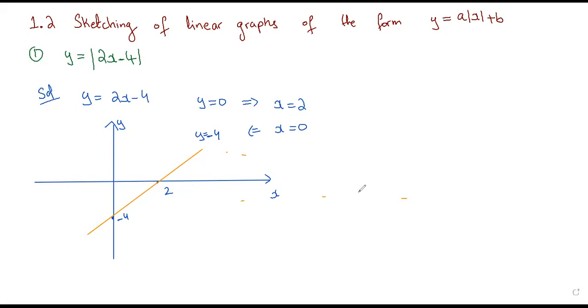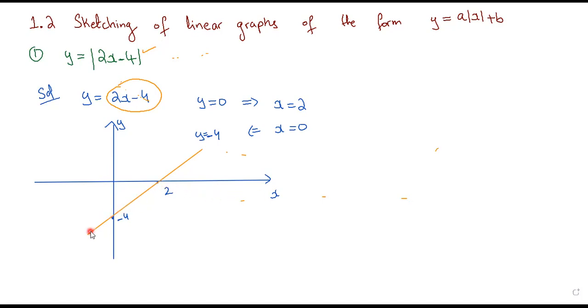Now we know that for now we were just talking about 2x minus 4. Okay, 2x minus 4 is a separate thing, and |2x minus 4| is obviously a separate thing. When we write down mod, we know that we do not have any negative value.